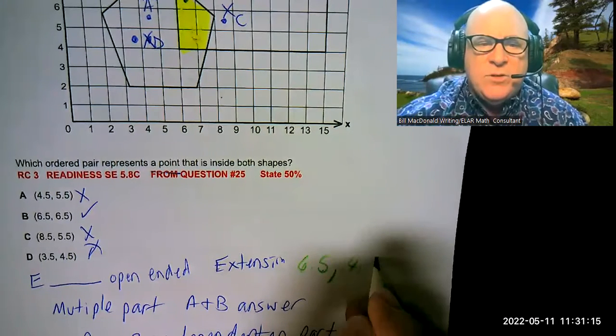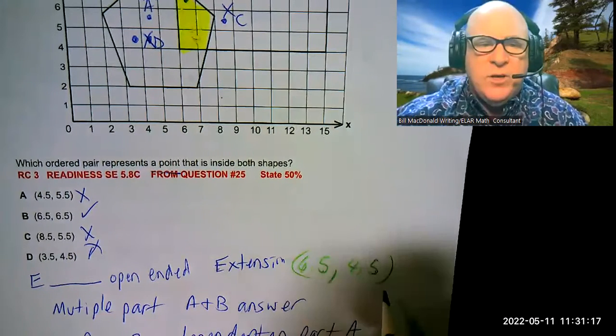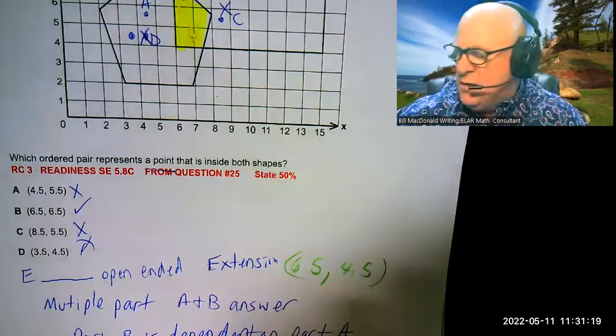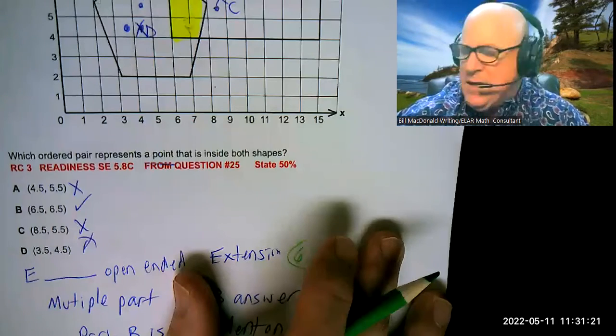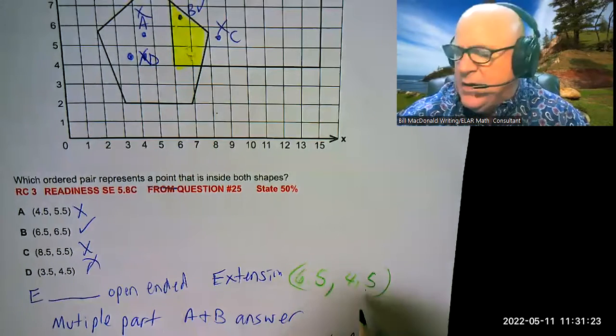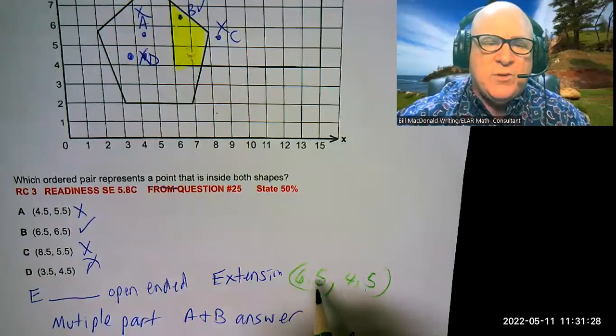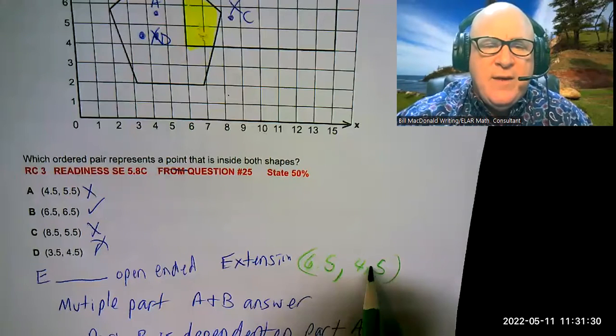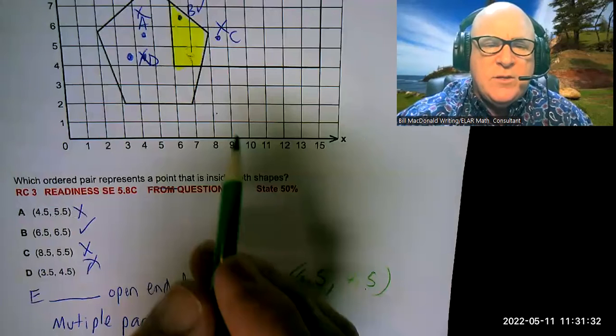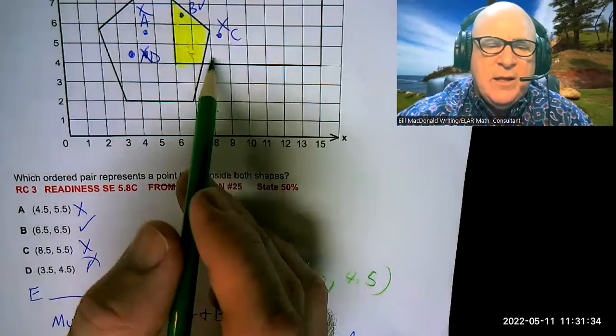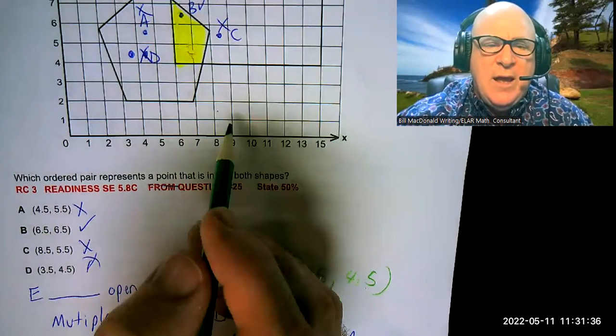If I was to do one more, just for a different answer again, point A and B are interconnected. They're dependent on what you pick. So let's pick 7. Or you know what? Let's do a challenging one. I'm going to go all the way to 8.